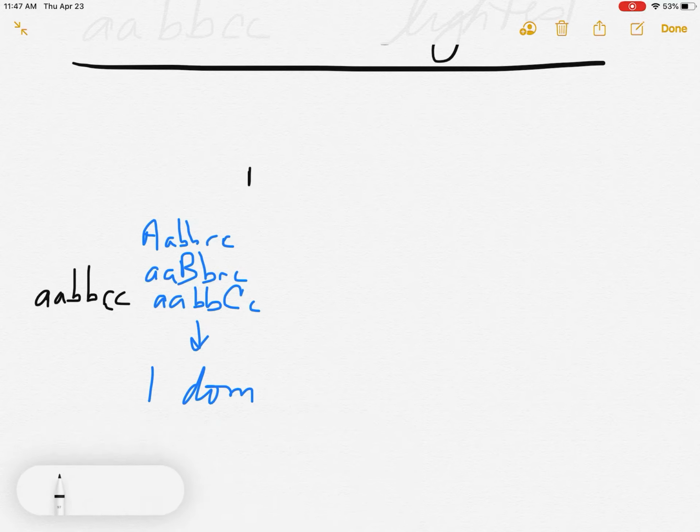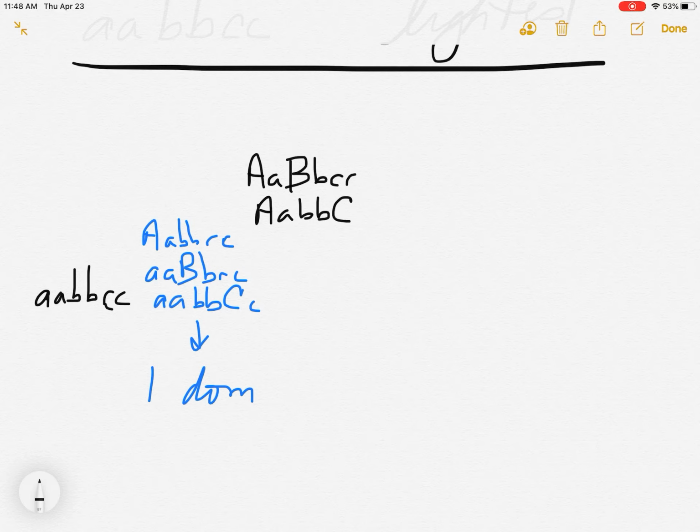Now, what if you had 2? Well, there's more combinations, isn't there? If we do the combinations with 2, we would have, let's see, A, B, B, C, C. There's 2 capital letters, right? But maybe you have a capital A with a capital C instead. That's still 2 dominant letters.